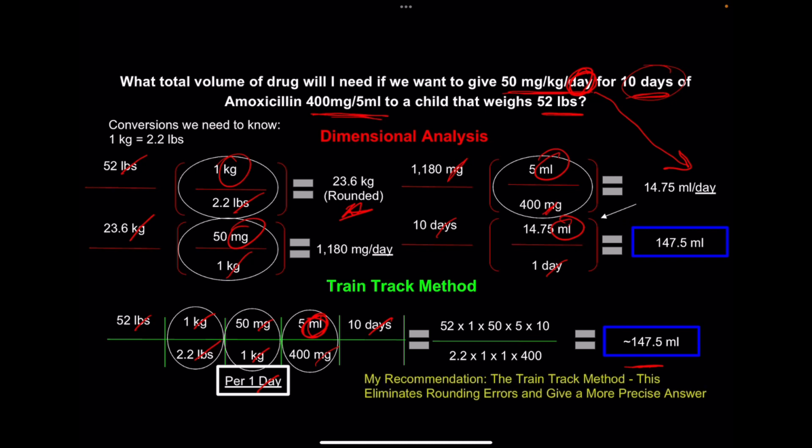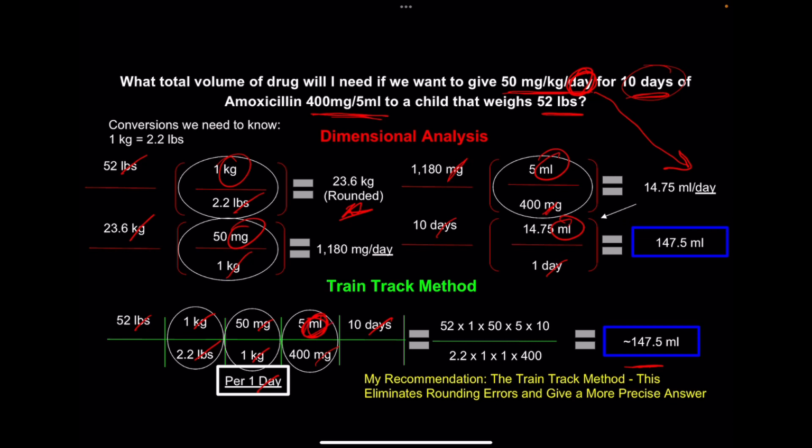What I would suggest, my recommendation, is the train track method for a couple of different reasons. It eliminates rounding, and it gives a more precise answer, and ultimately it's just a whole lot less writing when you're doing this out by hand, and it turns out to be a whole lot easier. So you still get the same answer, and everything crosses out. The big thing is just make sure that you know what you're starting with and what you are trying to get to.